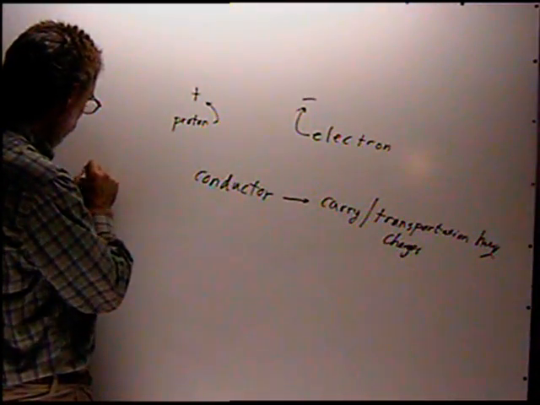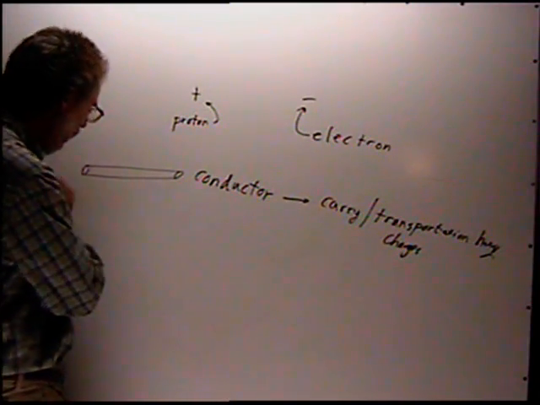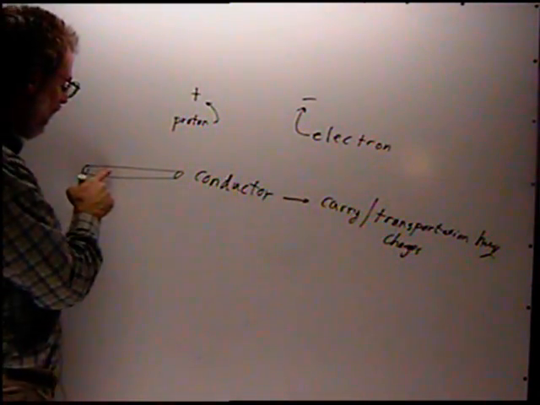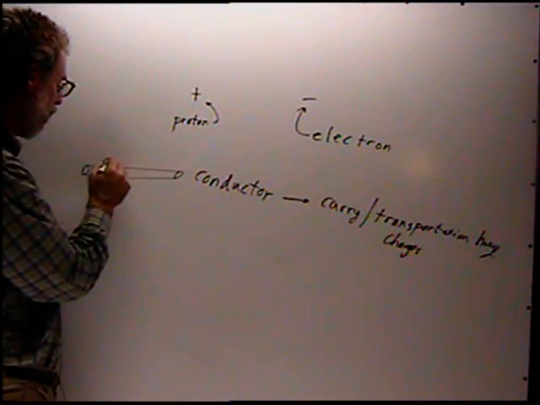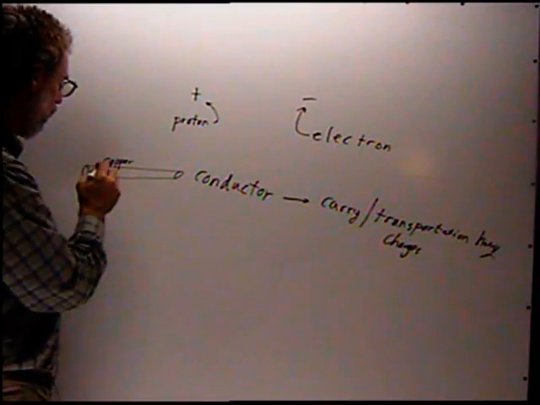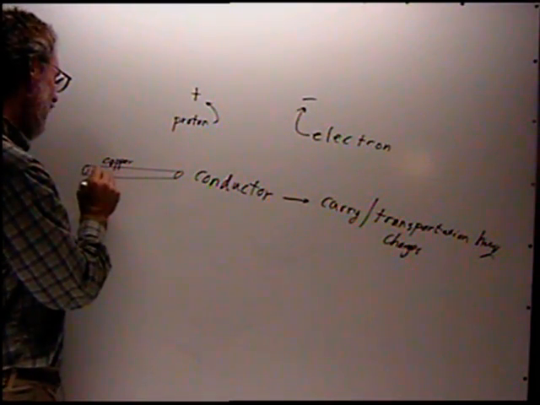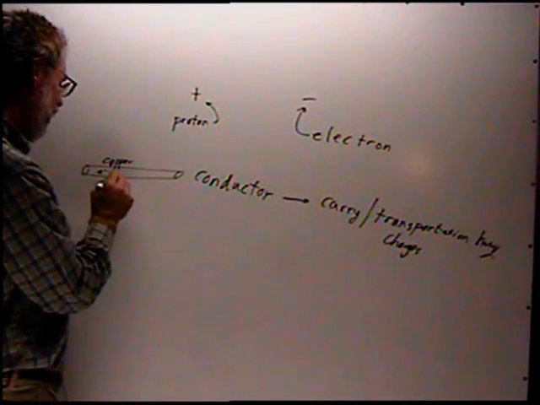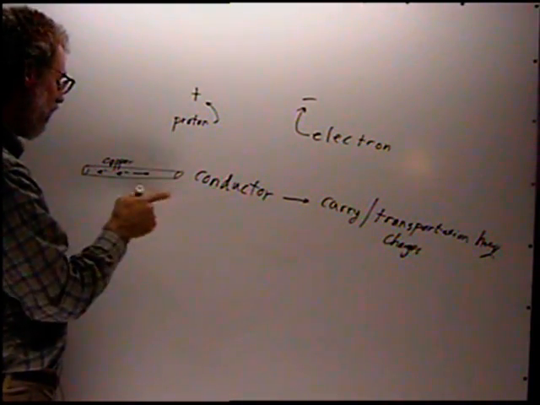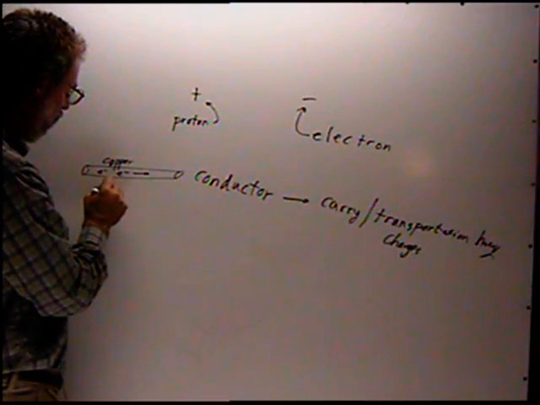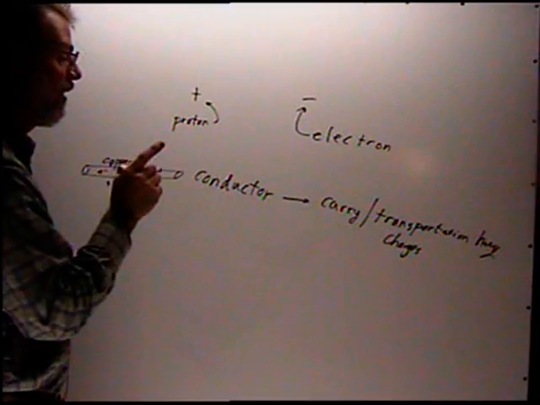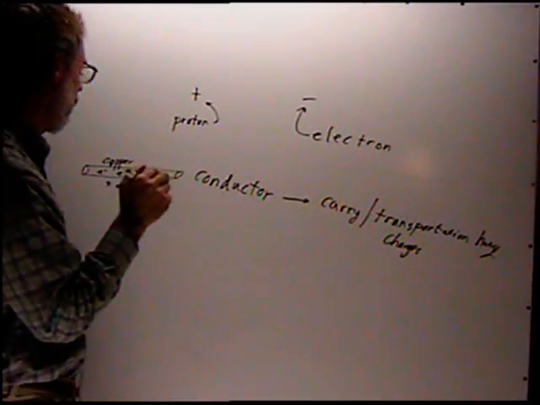Typically we think of a wire as a conductor, but there are many other types of conductors. Say a copper conductor will allow the free flow of electrons going one way. And when we speak of electron flow going one way, we can also speak of plus flow going the other way. We'll talk about that later in the next two chapters.